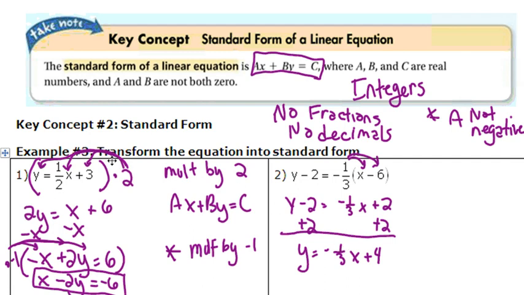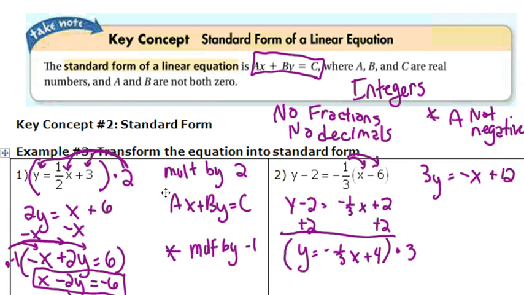So from here, now it's just like problem number 1. I can't have fractions, so the first thing I'm going to do is get rid of the 1/3 by multiplying everything by 3. So I would get 3y equals 3 times -1/3 x is -1x, and 3 times 4 is positive 12.